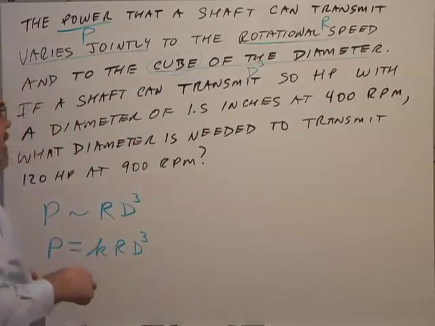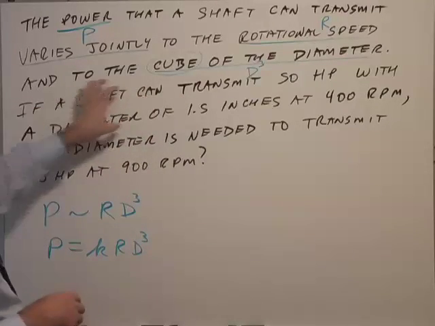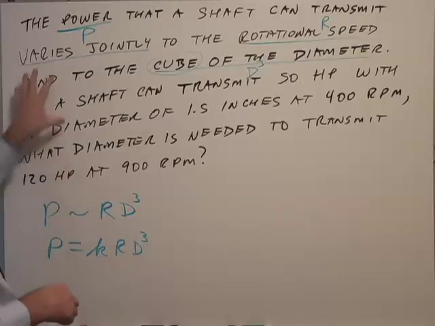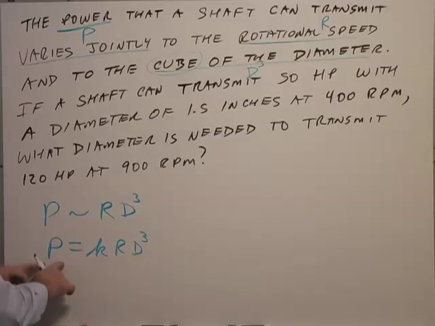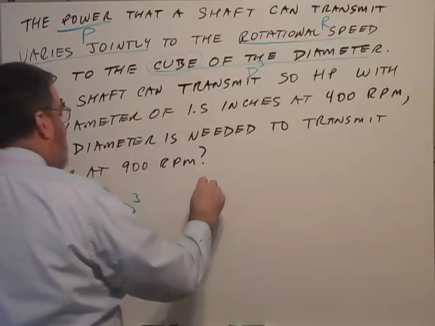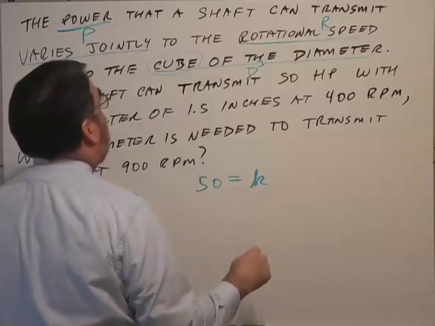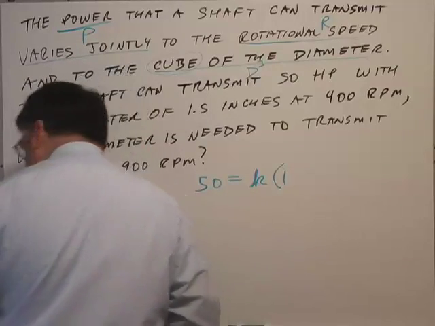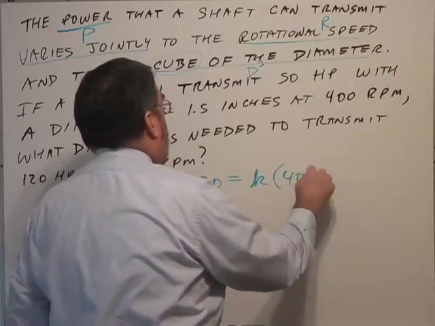Okay, so now we can plug these numbers in and find out what K is for this particular kind of material they're making this shaft out of. So P is 50. So 50 equals K times R. R is revolutions, so that's 400 RPM.